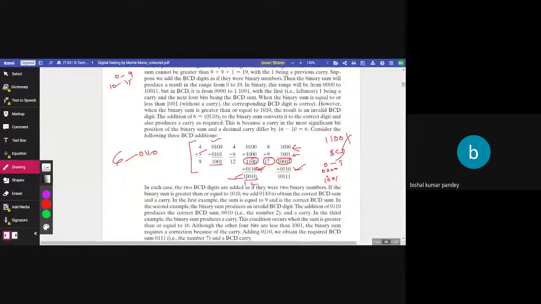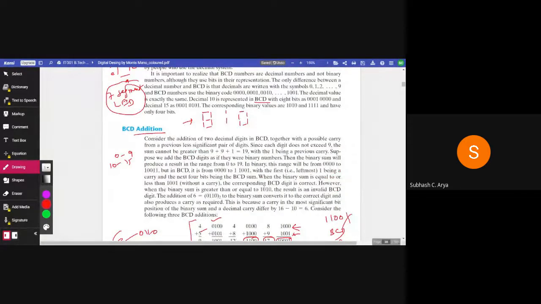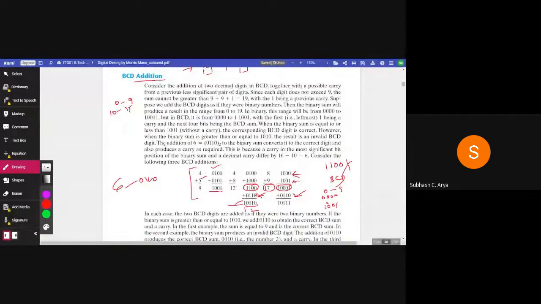So, sir, we will not apply that rule here? No, no, this is BCD code. This is not a number. Those are the binary numbers in complemented form, negative number addition. BCD addition is different. It means that rule will not be applied here.